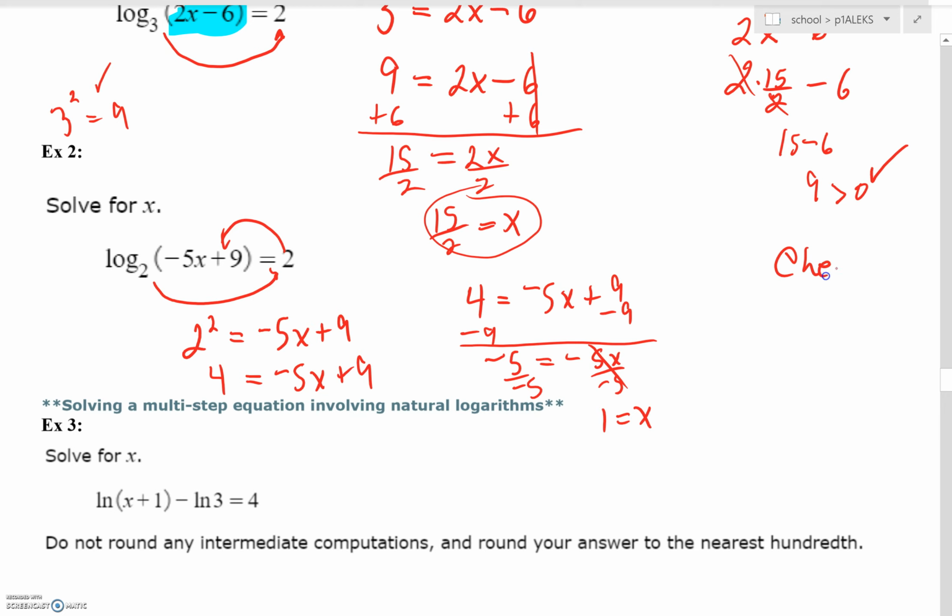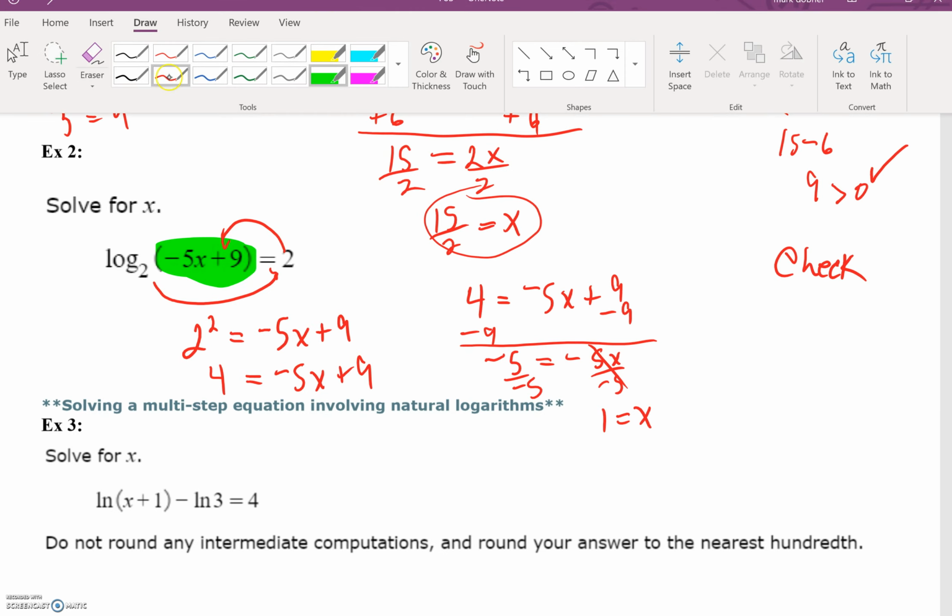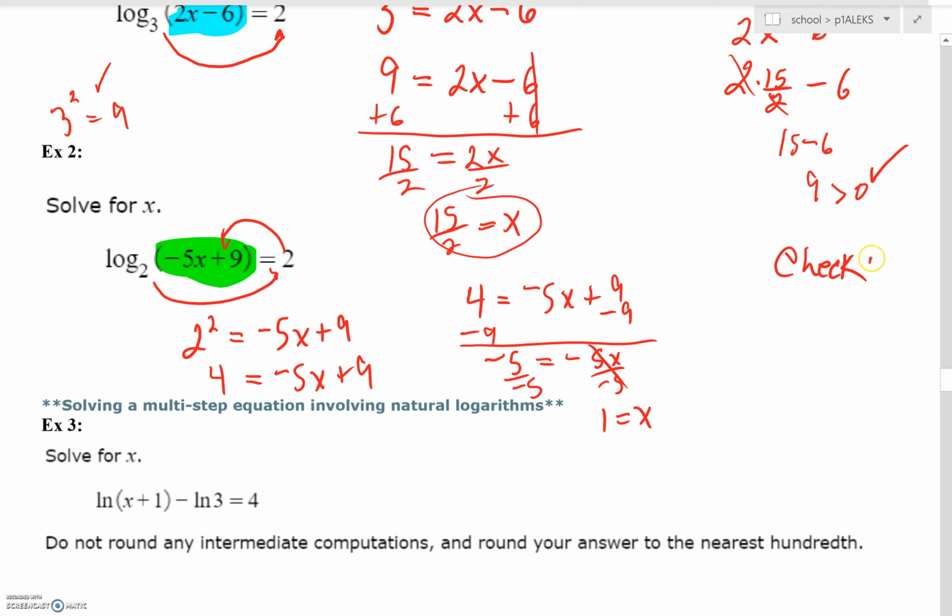So the check that we really have to be concerned with is really just, is this inside part going to be positive? So I'm going to check what happens when I plug in x equals 1 into this. So that's negative 5 times a 1 here. Negative 5 times 1 is a negative 5.